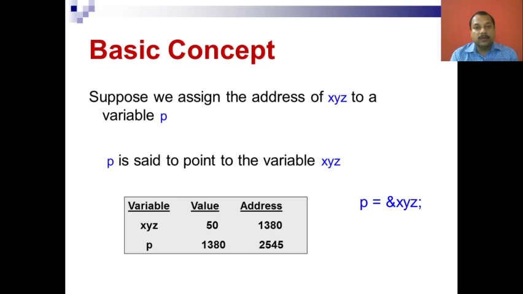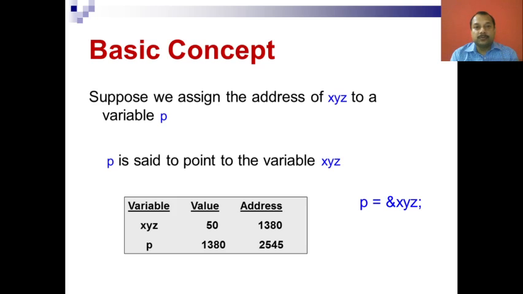Okay, so I know only the starting address, and you will also understand that if I know only the starting address and how many bytes are reserved for this particular variable, since I know the data type, then it's easy to retrieve that particular content and interpret it, isn't it?